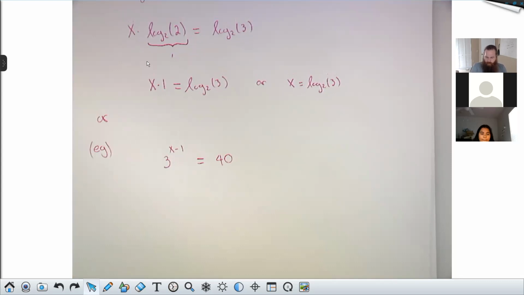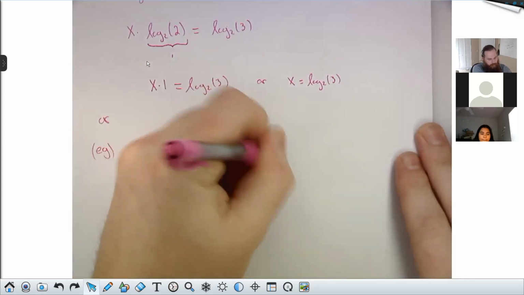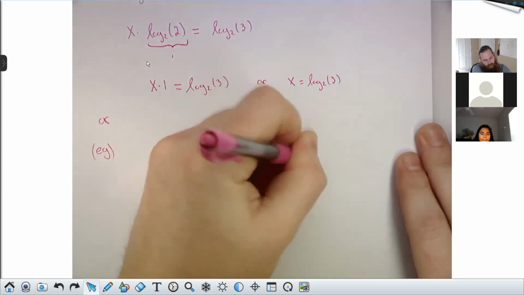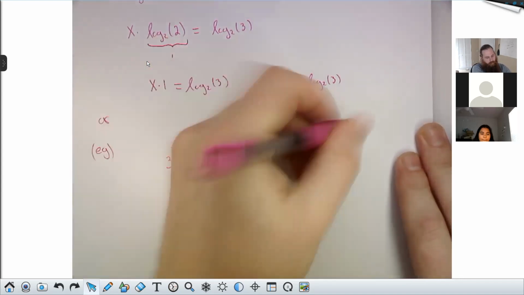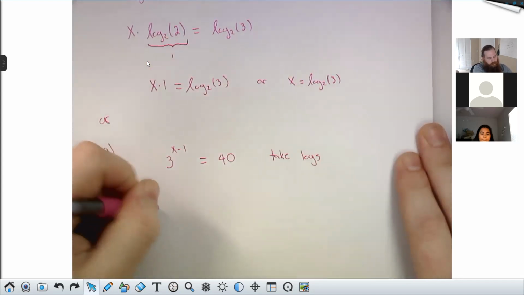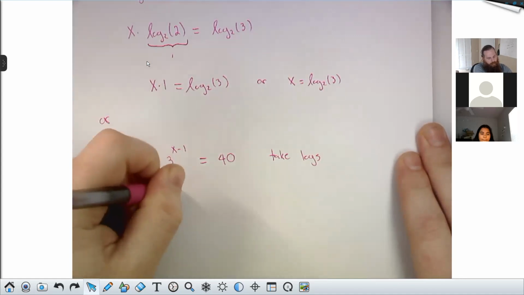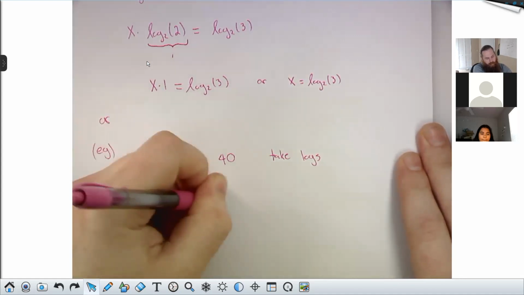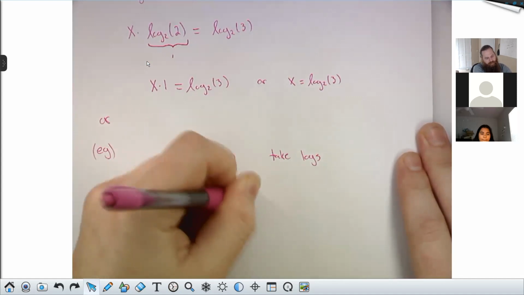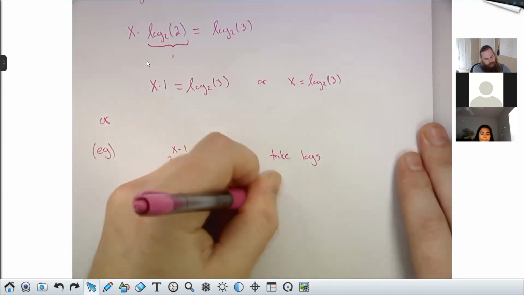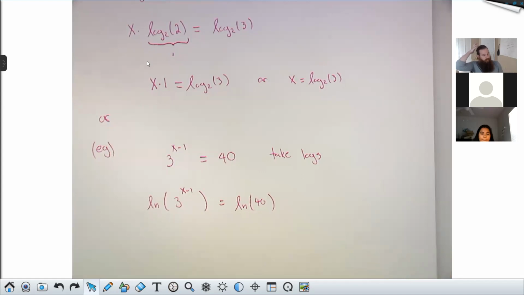If I take the natural log on both sides here, meaning I put both of the sides inside the natural log, the left-hand side will still simplify nicely, just not quite as nicely as it would have if I used a base 3 log.